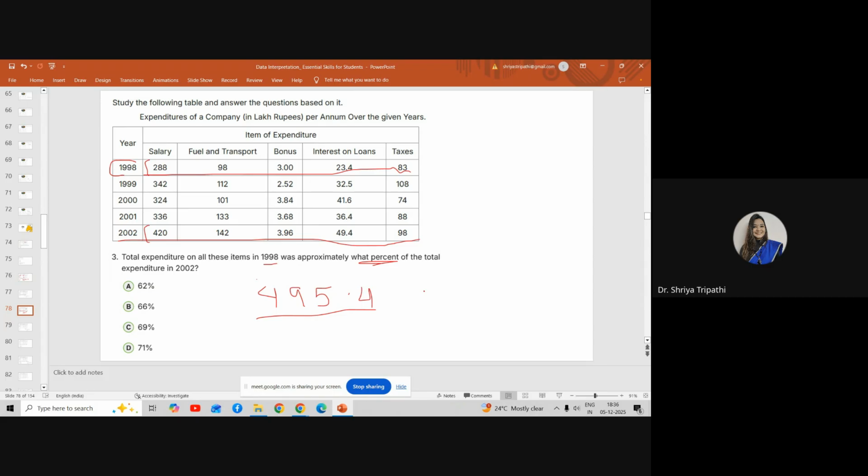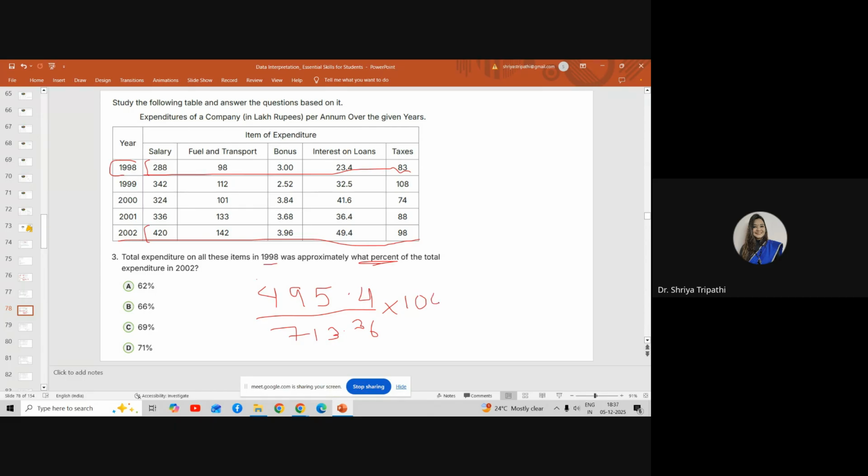Good, Vijaya. Very good, Arpita. And it is 713.36 into 100.